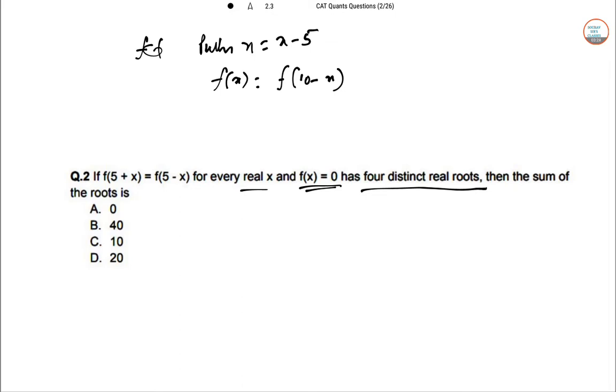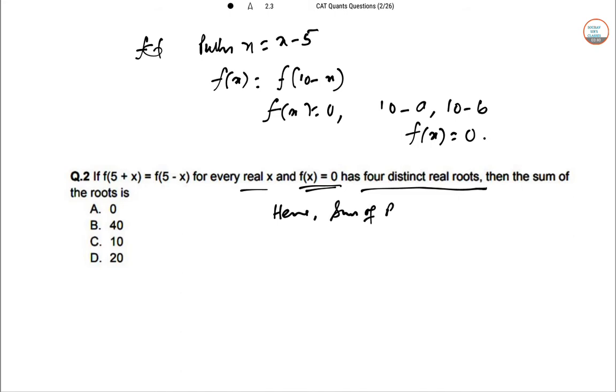Now let a and b be two roots of f(x) = 0. So 10 minus a and 10 minus b are also roots of the equation f(x) = 0. Hence the sum of roots is a + b + (10 - a) + (10 - b), so that is 20.